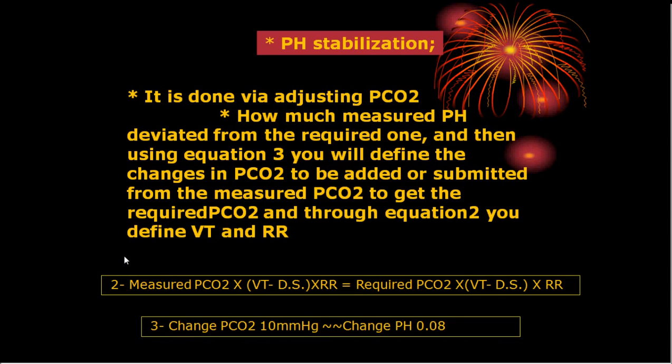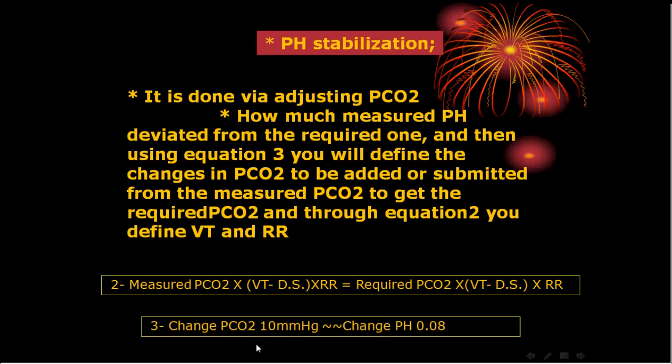Stabilization of the pH is all the same thing. We mentioned that the target of stabilization is to stabilize oxygen, stabilize carbon dioxide, and stabilize pH. Here we adjust the pH through the adjustment of the carbon dioxide, either washing out carbon dioxide or retaining carbon dioxide. That's why this is the target. This is the same formula as I've mentioned before: the measured carbon dioxide, tidal volume, respiratory rate, and the required carbon dioxide, tidal volume, respiratory rate, and the pH change.